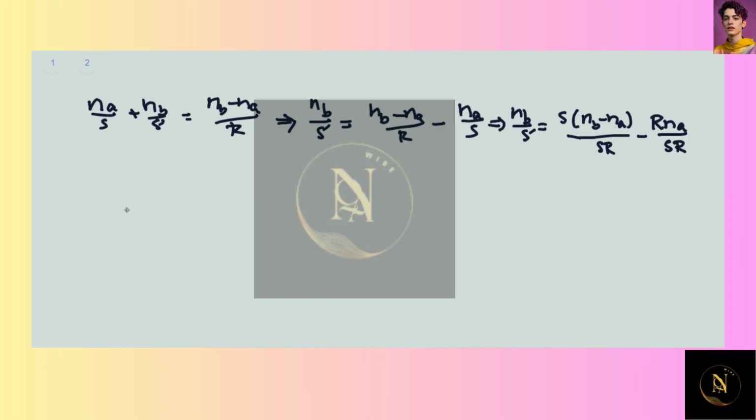So we can solve for S prime. So S prime is given by S R NB divided by S times NB minus NA, minus R times NA.